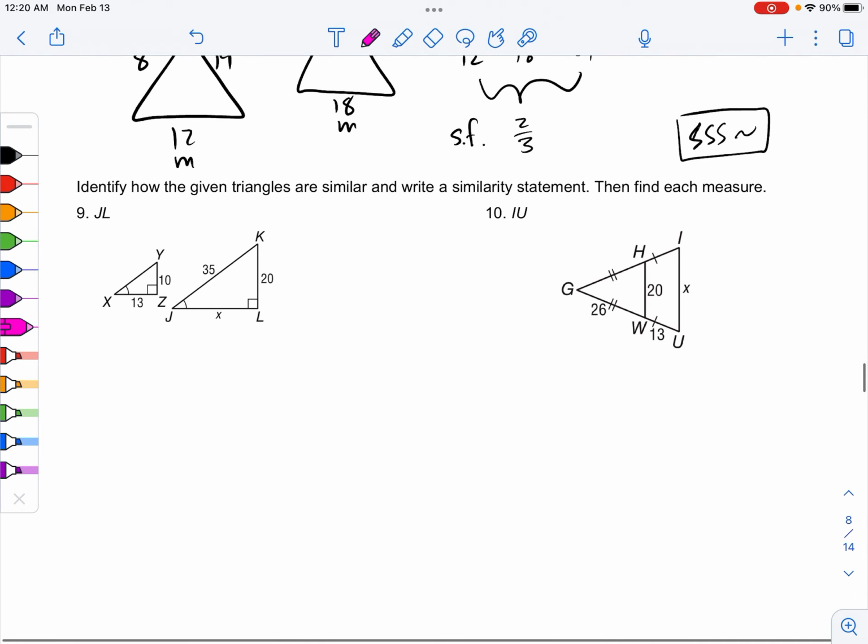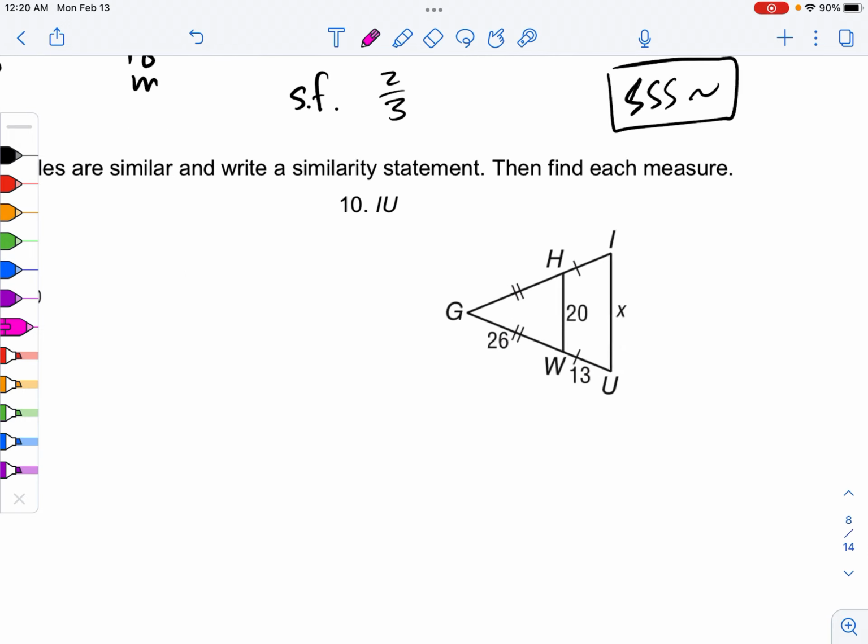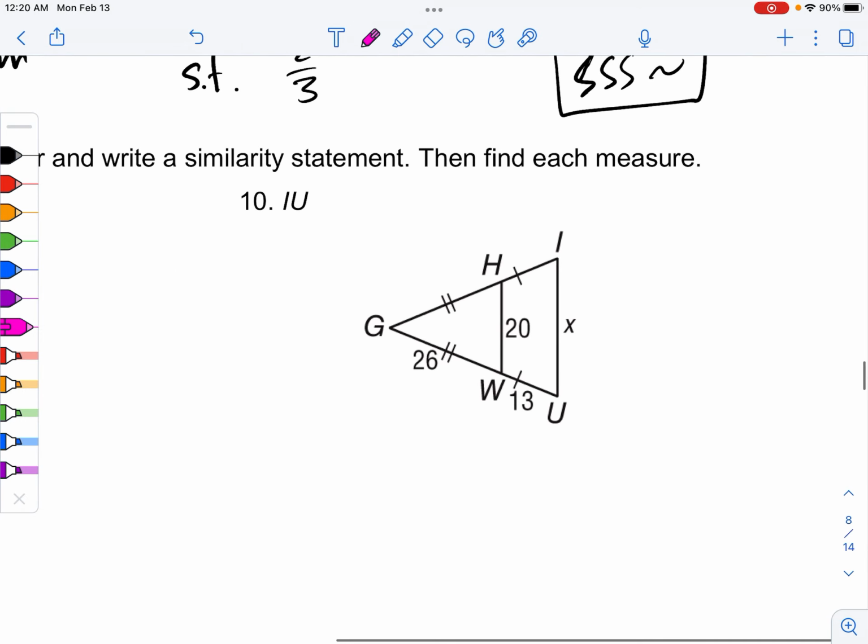For instance, this one. Identify how the given triangles are similar and write the similarity statement. Then find each measure. So we need to solve for x here. And if you notice, if you look at this, we have an isosceles triangle, right? Because we have two sides that are congruent.